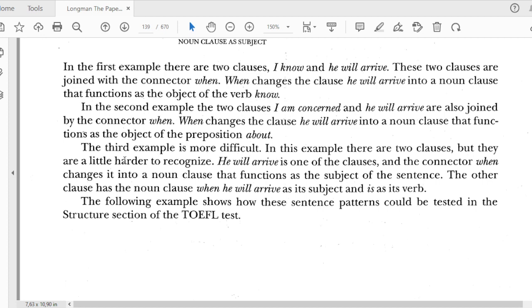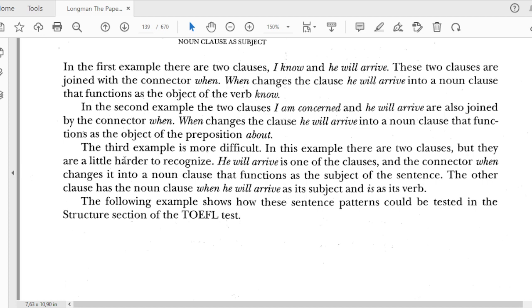Then when changes the clause he will arrive into a noun clause that functions as the object of the preposition about. The third example is more difficult. In this example, there are two clauses, but they are a little harder to recognize.